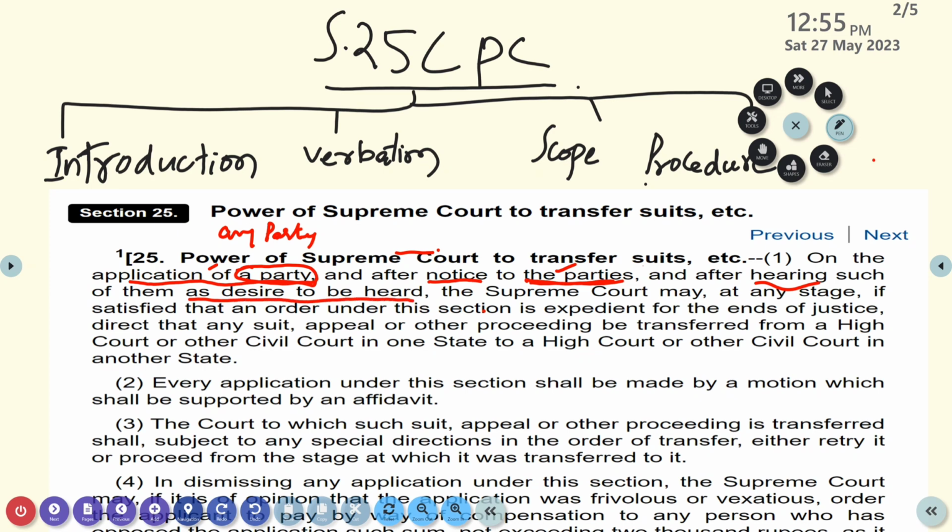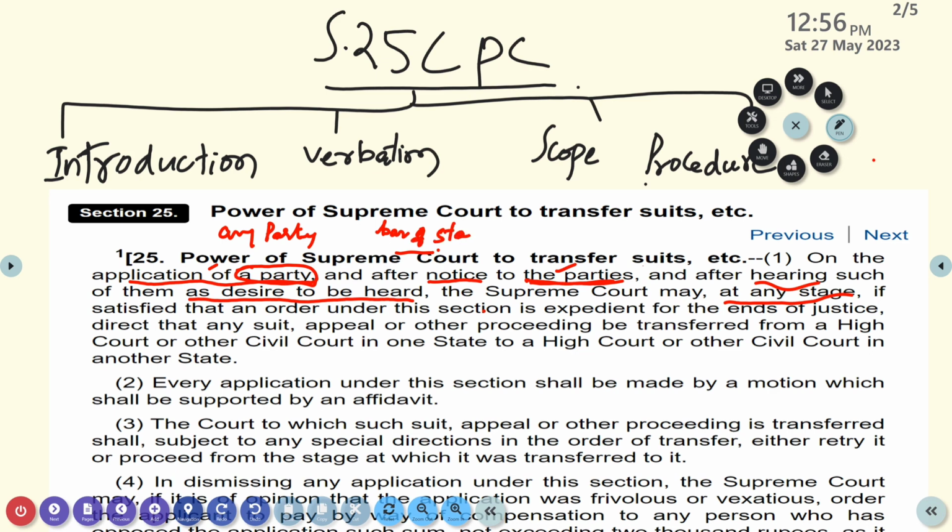So, the hearing procedure is up to the court. Next, after completion of these conditions, that is application, notice, hearing, then what can the Supreme Court do? At any stage. So there is no bar of stage.